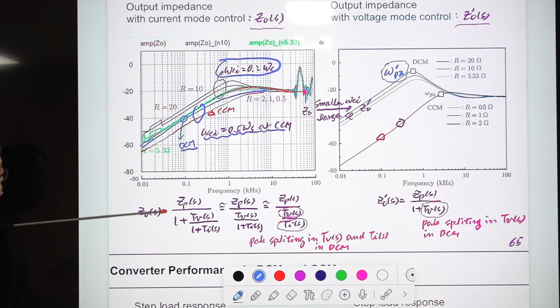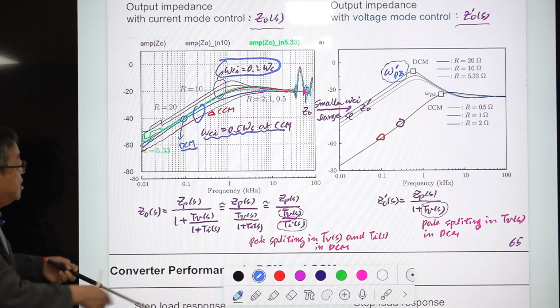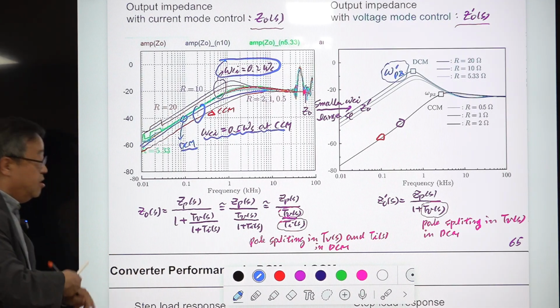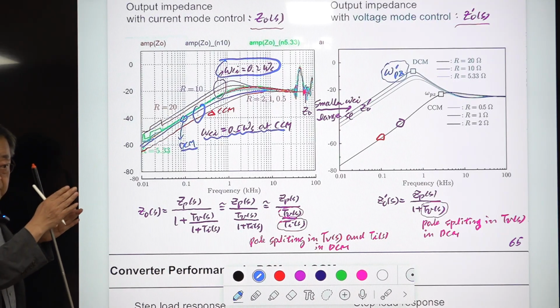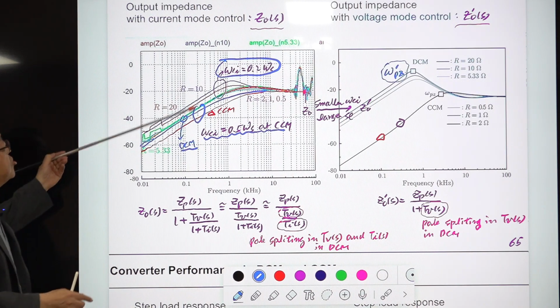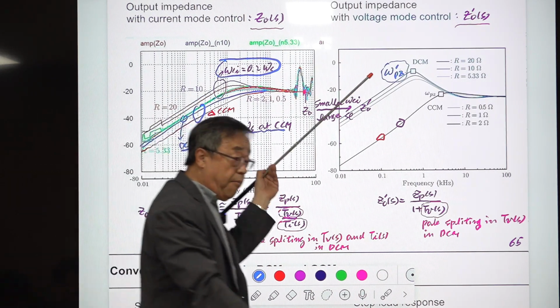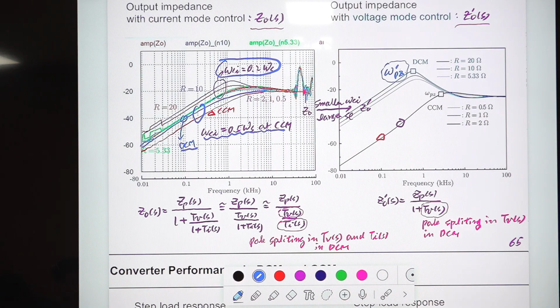So this is the output impedance characteristics in current mode control. We have T_B over 1 plus T_I here. So this will be reduced. Pole splitting occurs here, so they are cancelled. So the change between CCM and DCM does not affect much here, whereas the dramatic change, which is the problem of voltage mode control, is solved in current mode control.